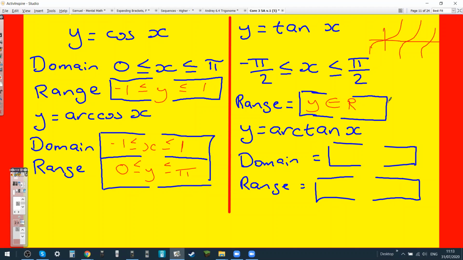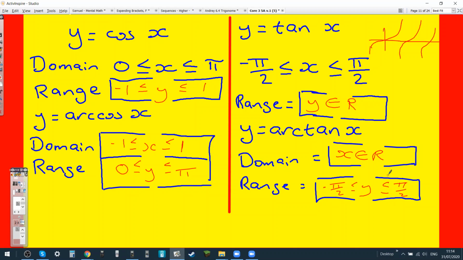So it's basically y is between negative infinity and positive infinity. Okay. And they write it as y is an element of real numbers. Okay, arctan x. I'm guessing x is an element of real numbers. Yep. And the range will be minus pi over 2 smaller or equals to y smaller or equals to pi over 2. Yeah.